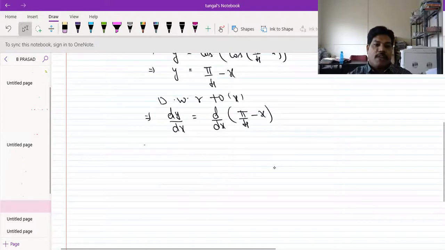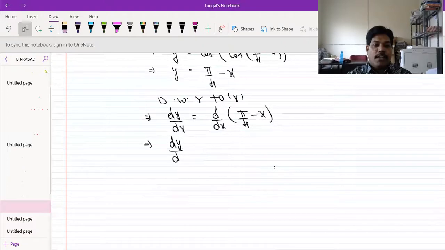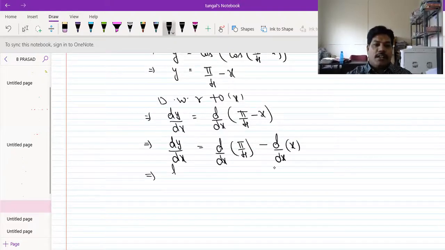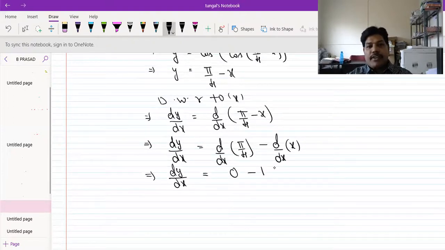That implies dy by dx is equal to derivative of pi by 4 minus derivative of x. So that implies what happens here, dy by dx is equal to derivative of pi by 4 is 0 minus derivative of x is 1.